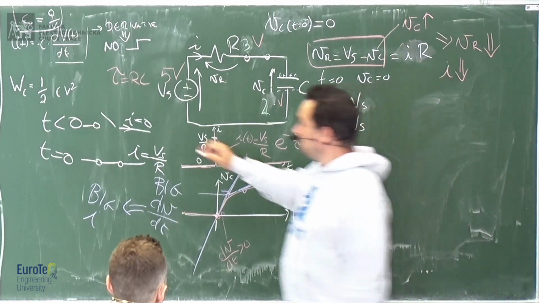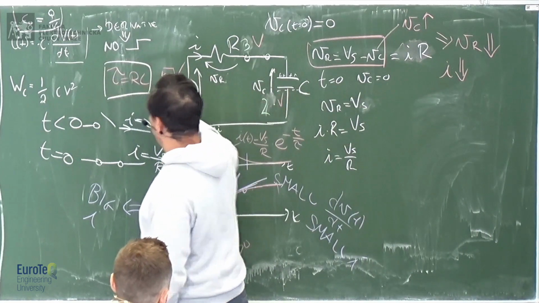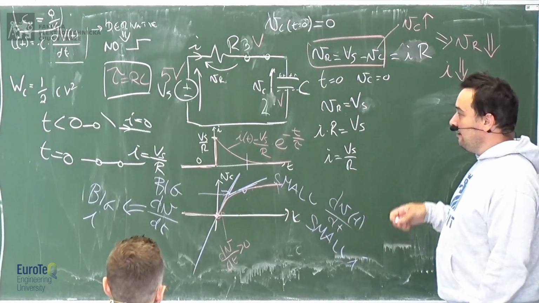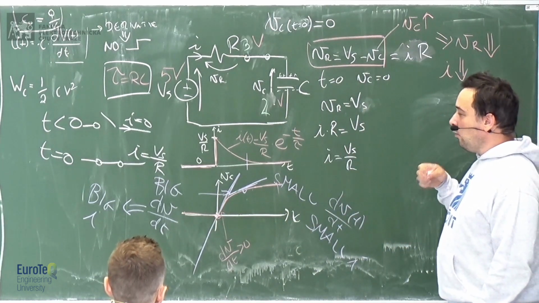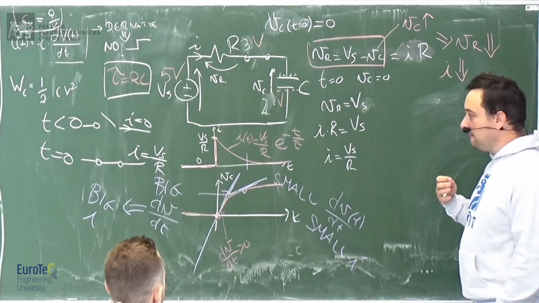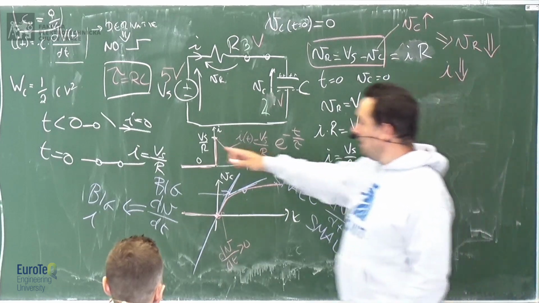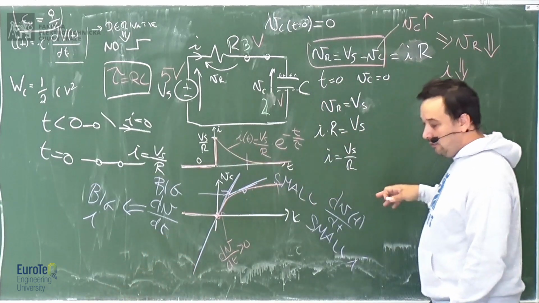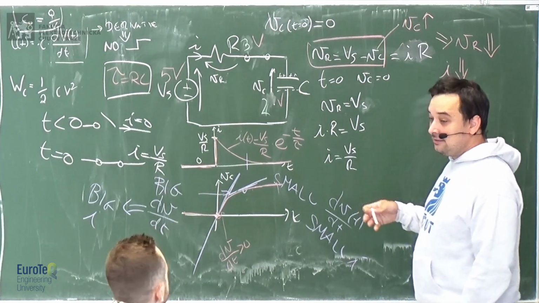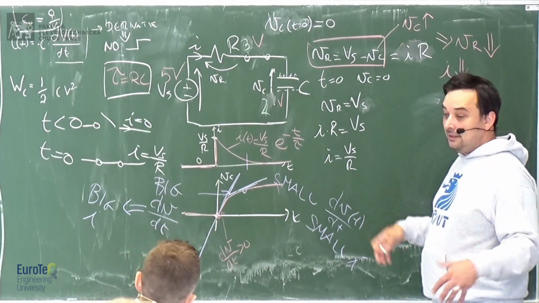Let's see this RC, okay? If you solve the equation, you find out that this tau is RC. What is the physical meaning? Let's try to understand it. This determines how fast this is evolving, okay? So a bigger tau means that it takes more time to charge.